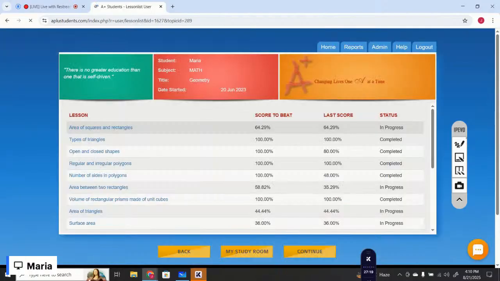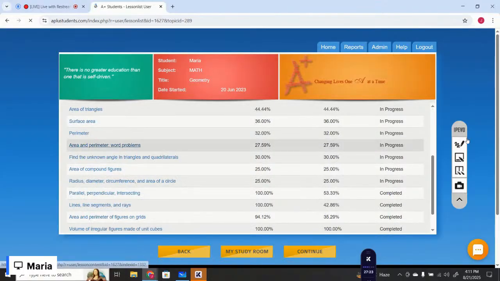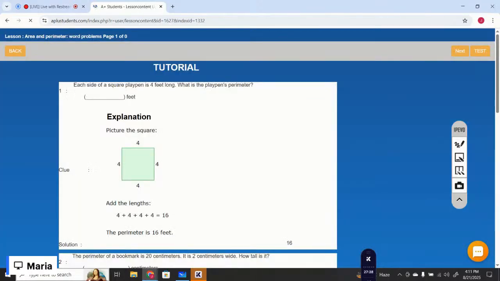The next lesson is area and perimeter word problems.